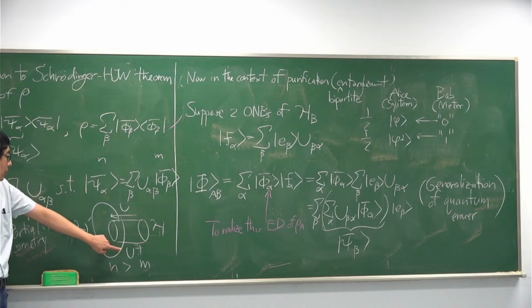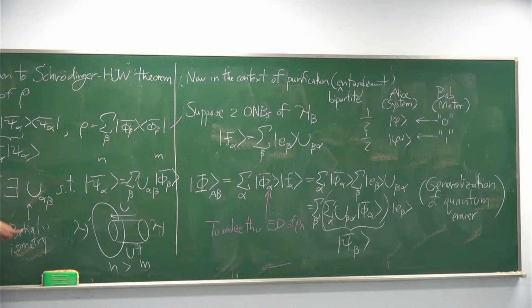And the condition of partial isometry here is just the same condition as U being unitary, except that it only works in one way.